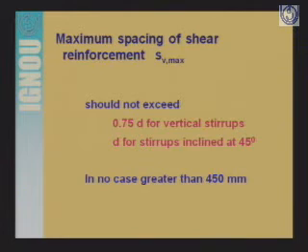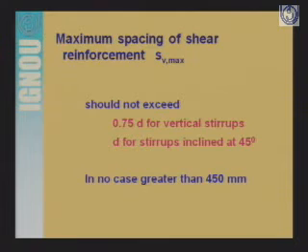In case of stirrups which we provide at an inclination of 45 degrees, if we decide to provide the stirrups at an inclination, then in that case the code says that the maximum spacing should not be more than d, the effective depth of the section at a particular section of the member.